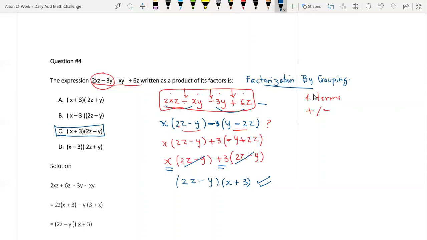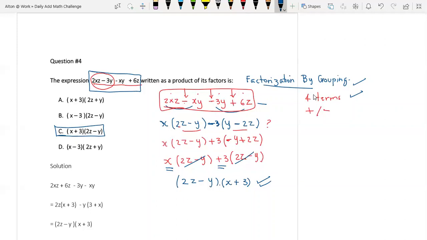So let's quickly go over the steps, and we're going to look at the final solution, just to re-emphasize how you actually factorize by grouping. Factorization by grouping works when you have 4 terms. Now, we did have 4 terms here. The only thing is, in the original problem up here, we had to rearrange these 4 terms so that we can actually begin the factorization process.